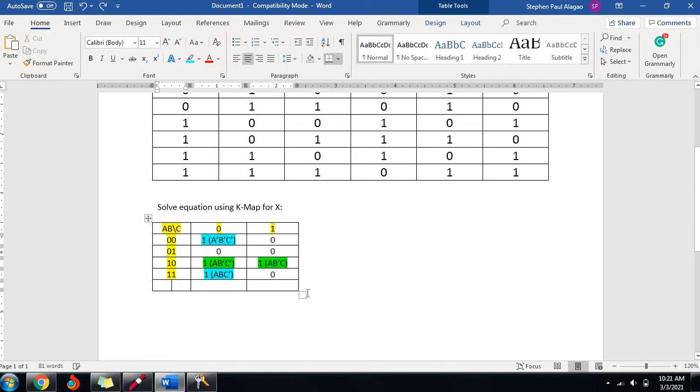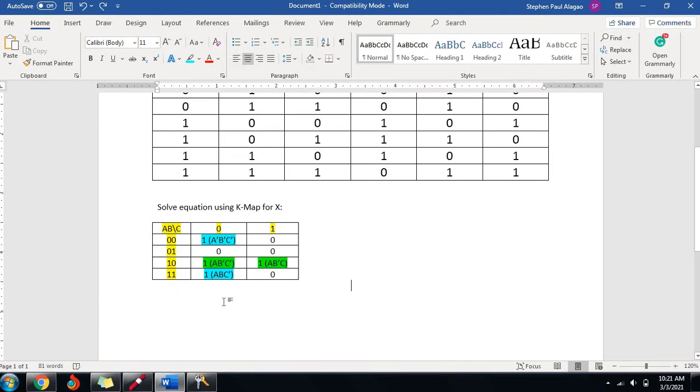So for x is equal to, the first group will be the blue. So the blue are a bar, b bar, and c bar, and that is being added to a, b, c bar.